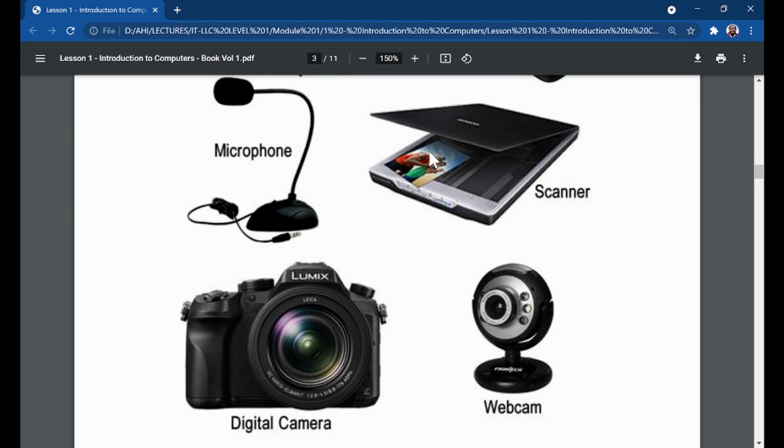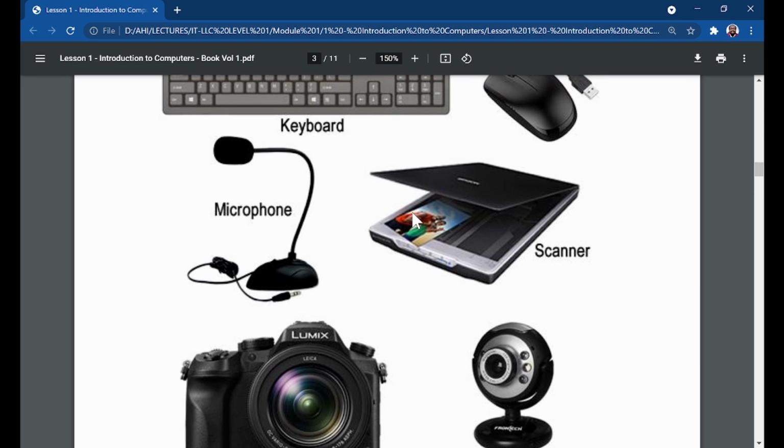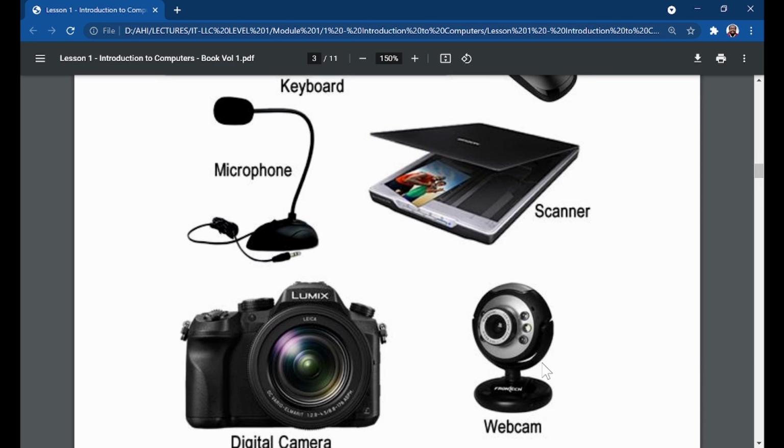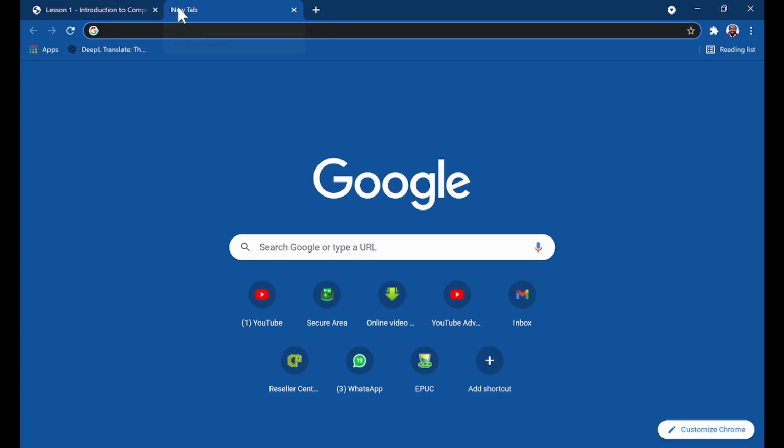So if you have a laptop and you can see a camera in your laptop, then that camera is a webcam. It is called a webcam. At first, they were standalone, but today they are in laptops.